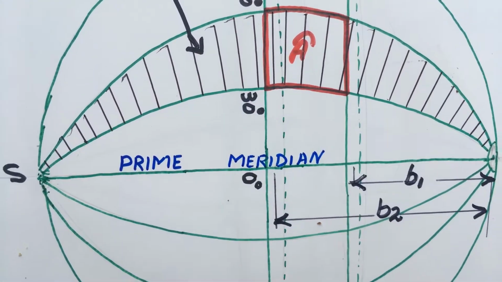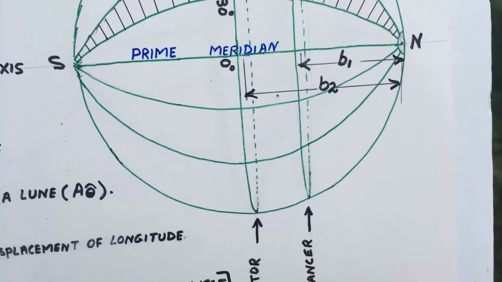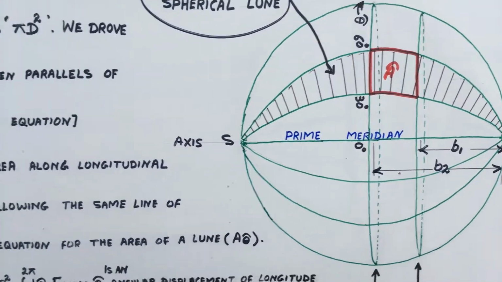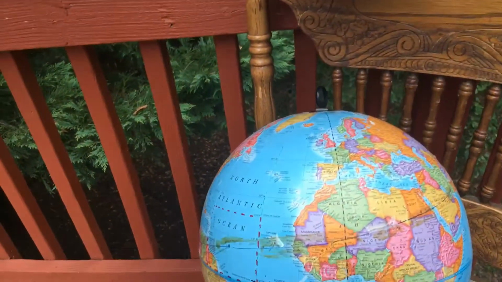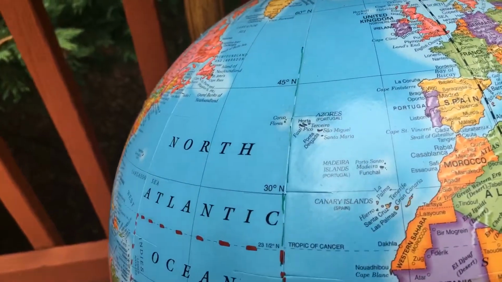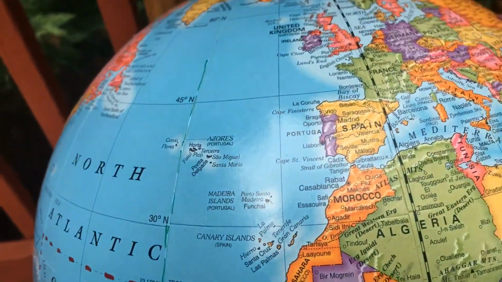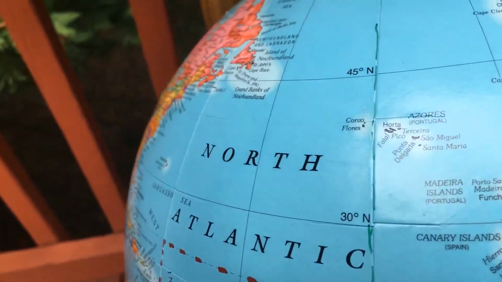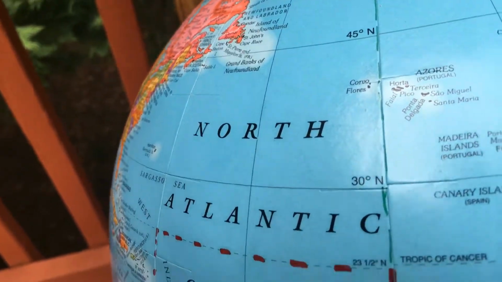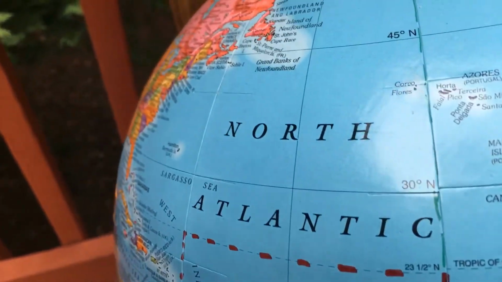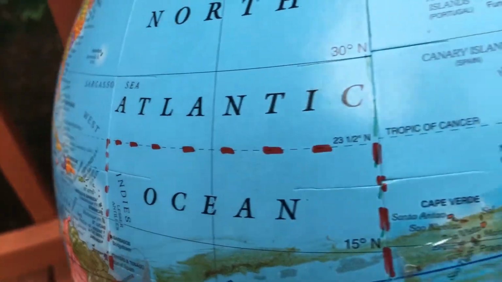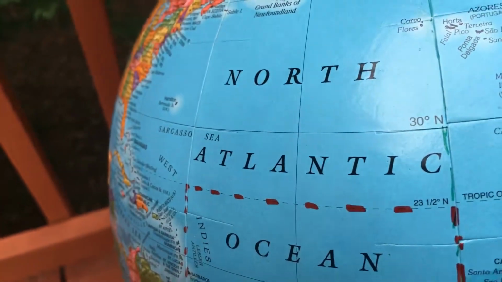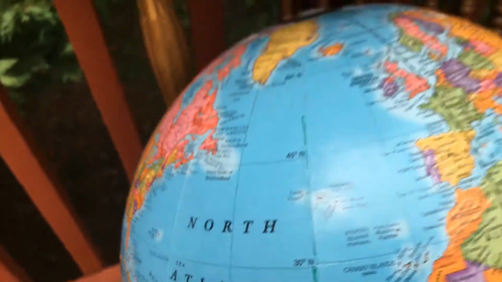Since we are using a globe, and globe has this value of Tropic of Cancer, so it is here, Tropic of Cancer, this dotted one, and it has a value 23.5 degree north.